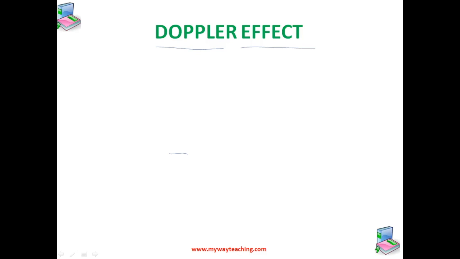Then the pitch of the sound heard appears to be higher than that of the source. As the observer recedes away from the source, the observed pitch becomes lower than that of the source. As we move away, it sounds like it's reducing. So this motion related frequency change, we call the Doppler effect.